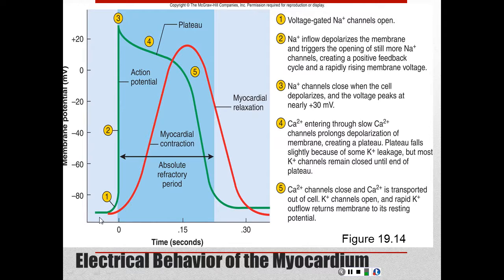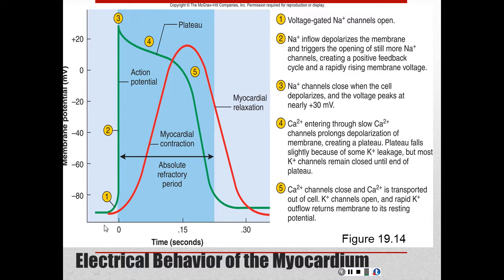The resting potential is approximately negative 90 millivolts and only depolarizes when it is stimulated, unlike the SA node cells. It's totally different. Now the stimulus will open the voltage-regulated sodium gates, and allow sodium to flow inward and depolarize the cell to a threshold.